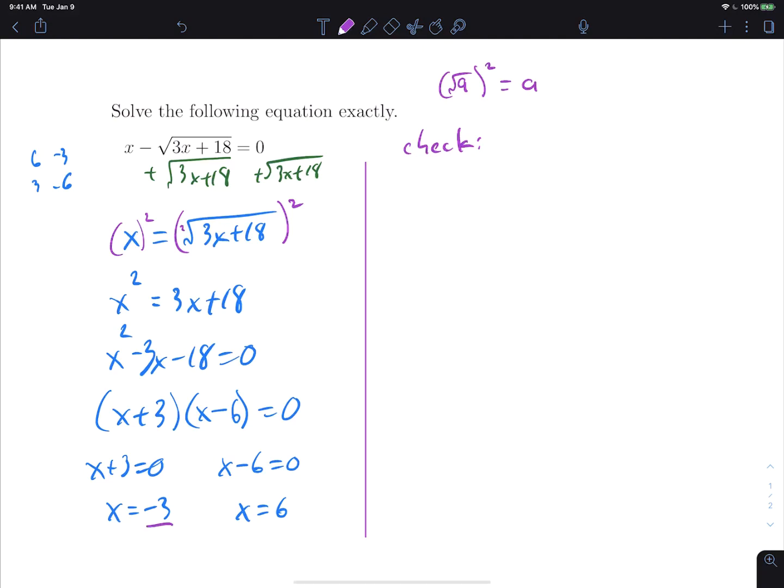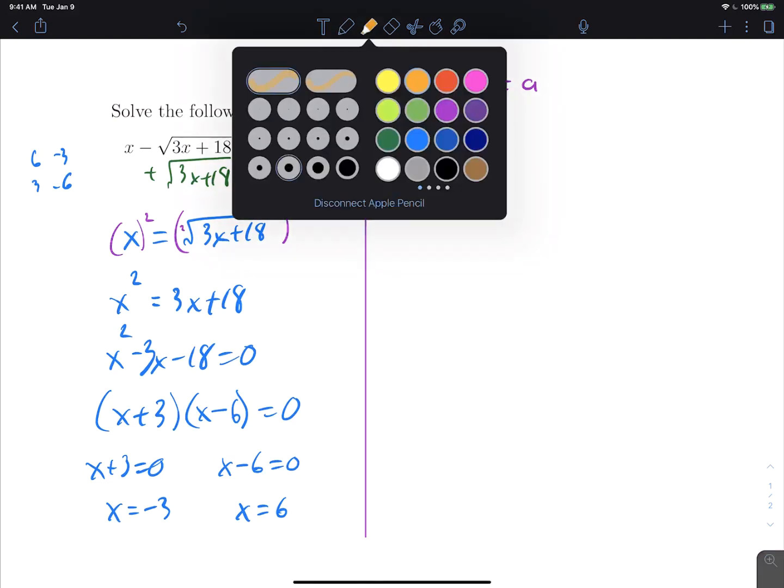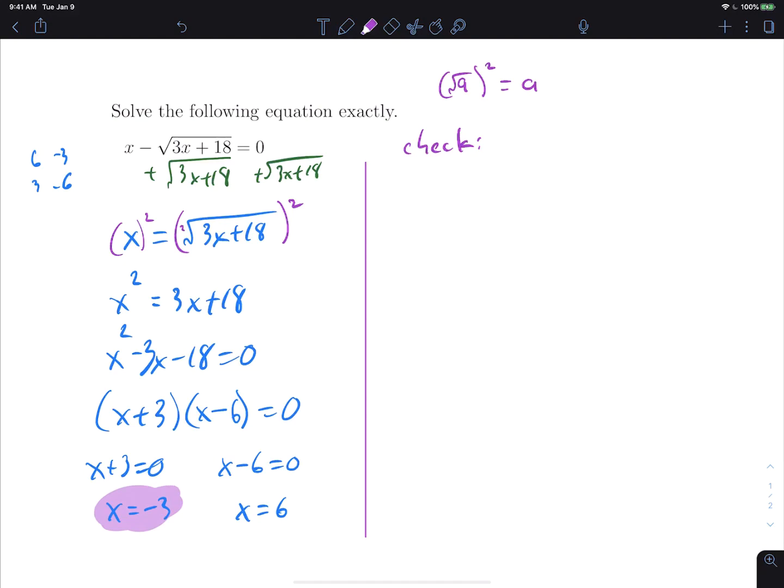Starting out with the negative 3, plug that negative 3 in. We get negative 3 minus the square root of 3 times negative 3 plus 18 equals 0. And then simplify. You can just type this in on the left-hand side if you want. But 3 times negative 3 is negative 9, plus 18 is 9. Square root of 9 is 3.